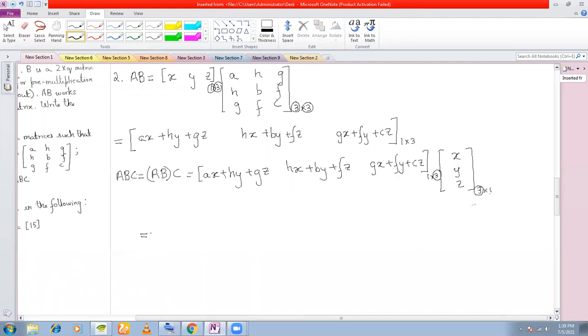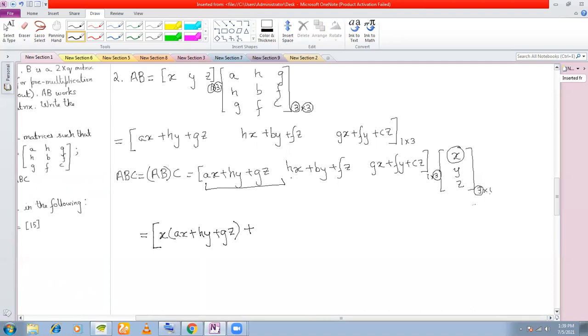So this is equal to, again, first row into first column, and you have only first row and first column. So first you multiply this with this to get X into AX plus HY plus GZ, right?